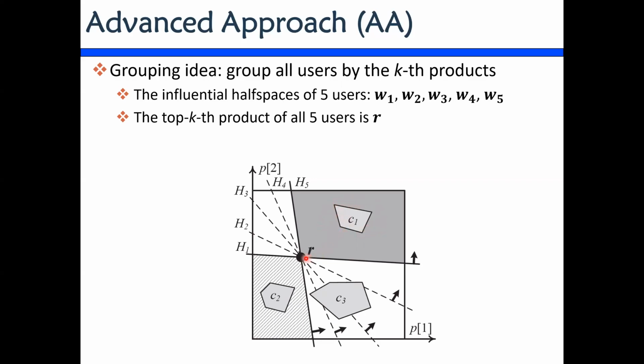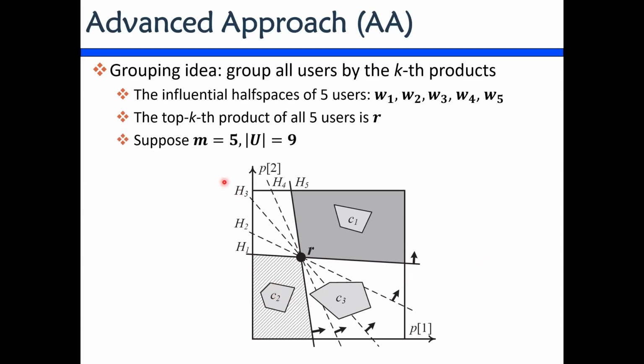And we can do that by comparing to this common product R and some carefully chosen half spaces here. I will skip the details. And similarly, we can quickly identify some cells, meaning some partitions of the product space, that are guaranteed to not cover any of the users in the group.